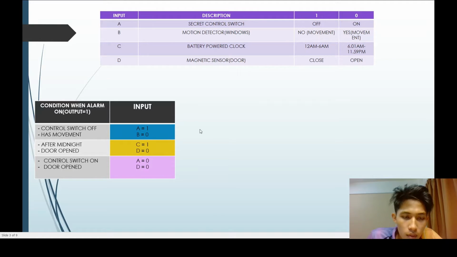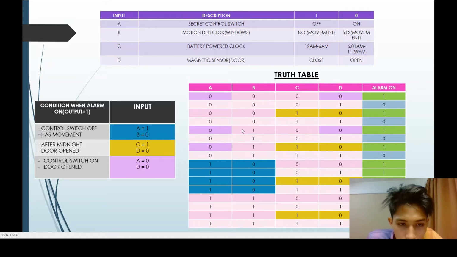So A equals 1 and B equals 0. From the table we need to find which rows have A equal to 1 and B equal to 0.